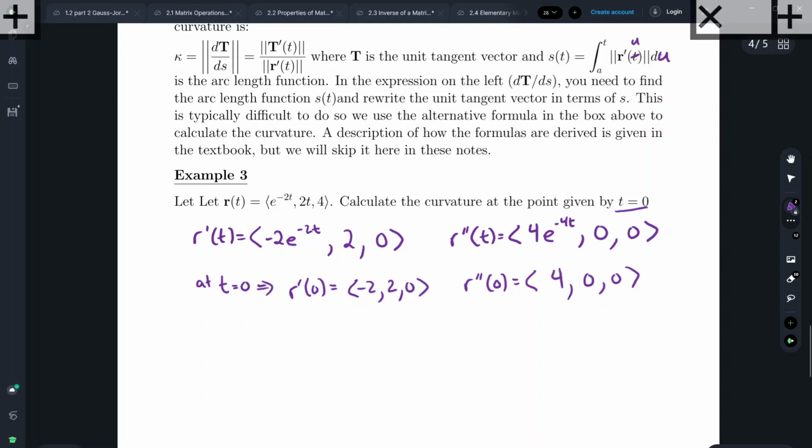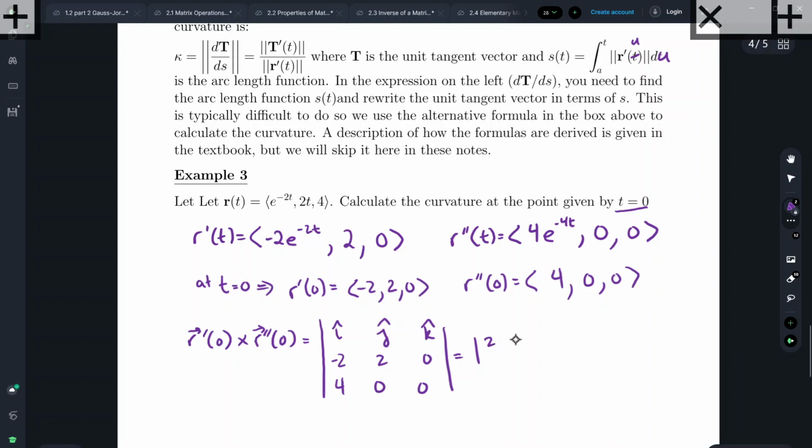Okay, so let's proceed. So we want to calculate r prime cross r double prime. So we set up the determinant: i, j, k. Second row is r prime, so you get negative 2, 2, 0. Third row will be r double prime, so that's 4, 0, 0. Okay, so now we just expand this, right?